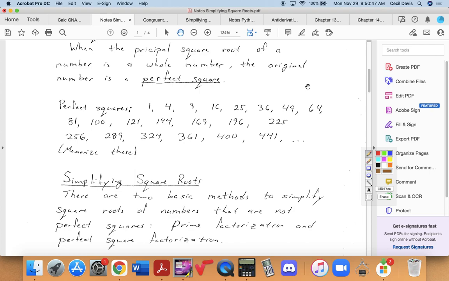I would suggest at the very, very least, you get up to 16 squared. It would probably be better if you got all the way up to 20 squared.